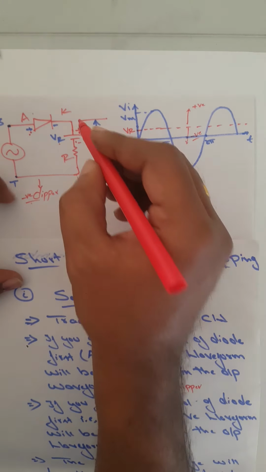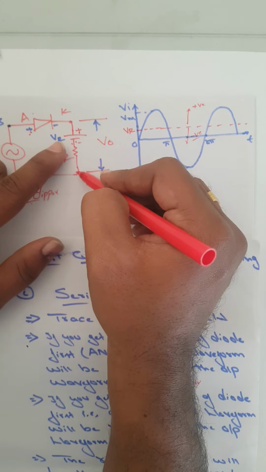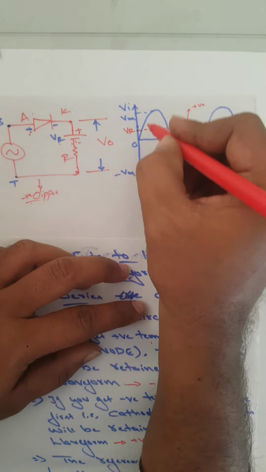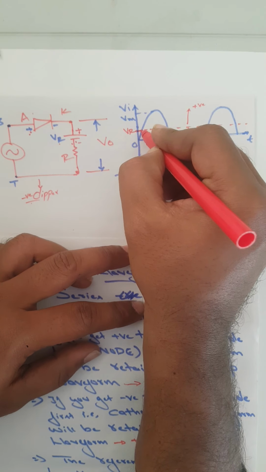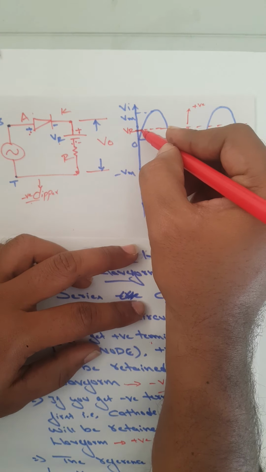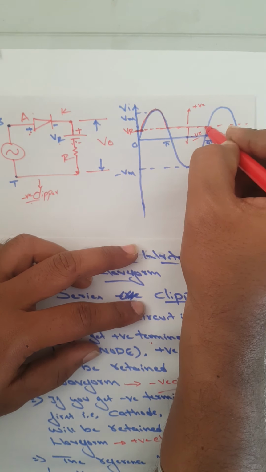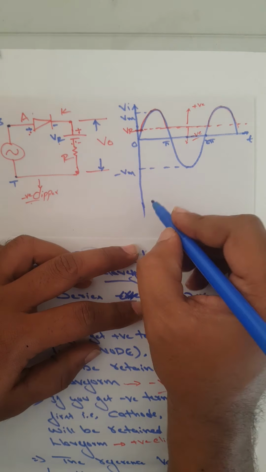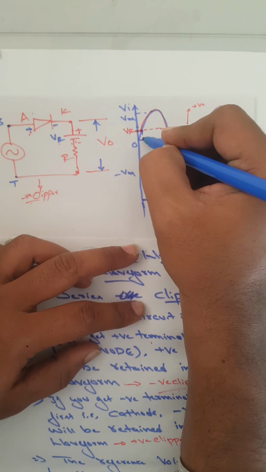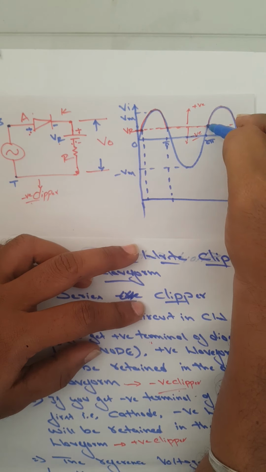Since you have a reference voltage in the path where you are measuring the output voltage, the waveform you get is like this. This is when Vi is less than VR. The output waveform will be like this; these are the points where the reference touches the sine wave.